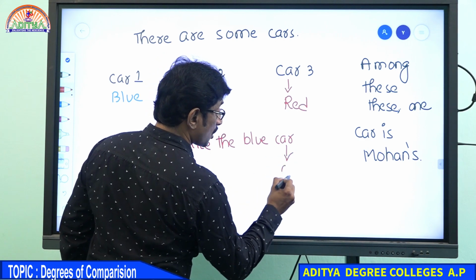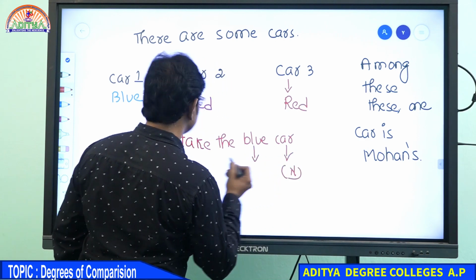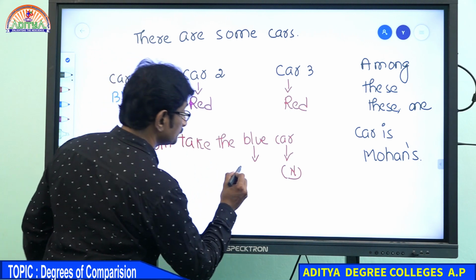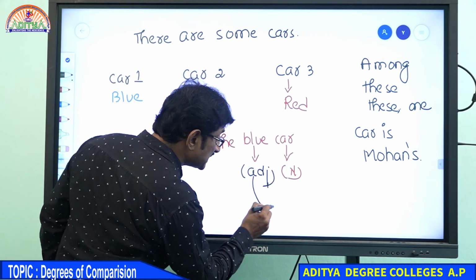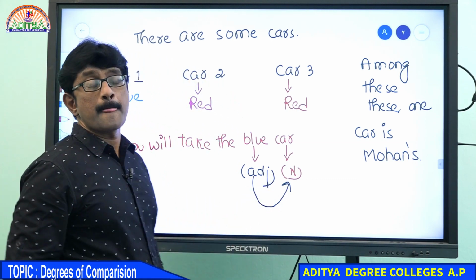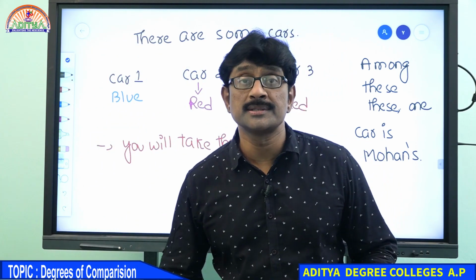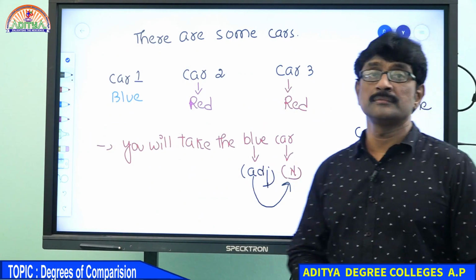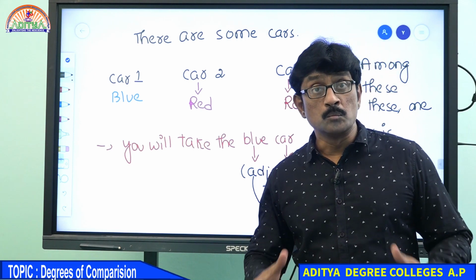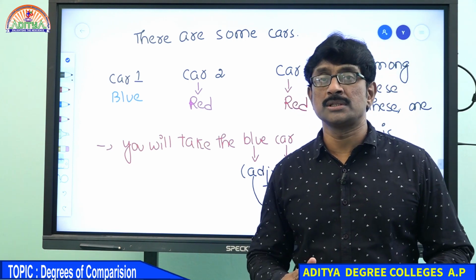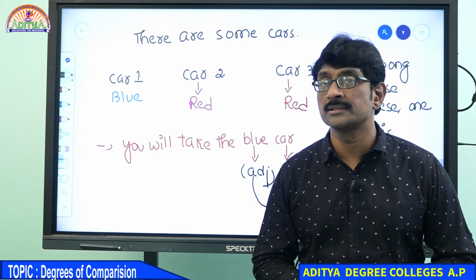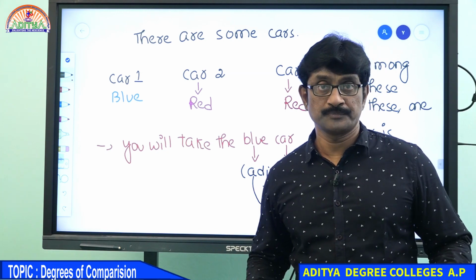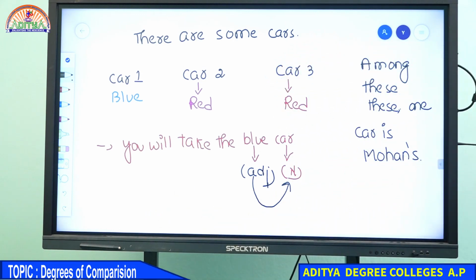Because car is noun and blue is adjective. That means with the help of this color, you can recognize the car of Mohan. If not, you cannot recognize his car. So this is. Write down that, students.